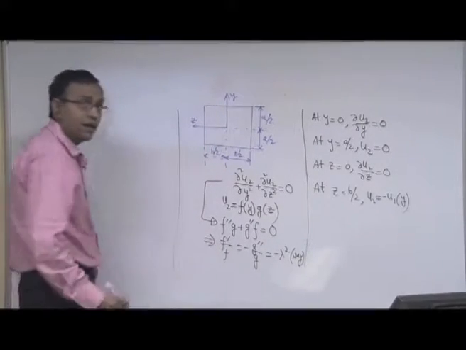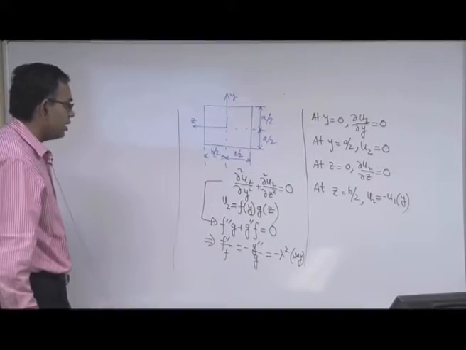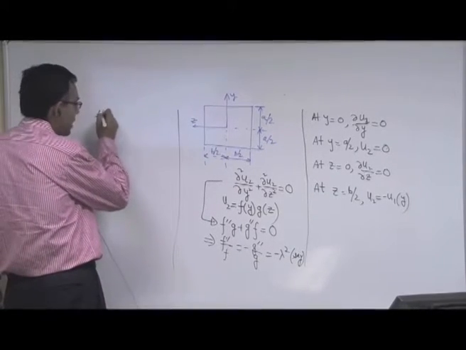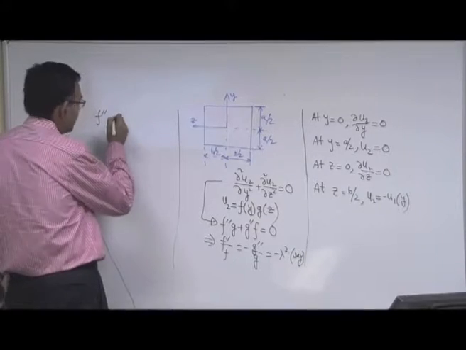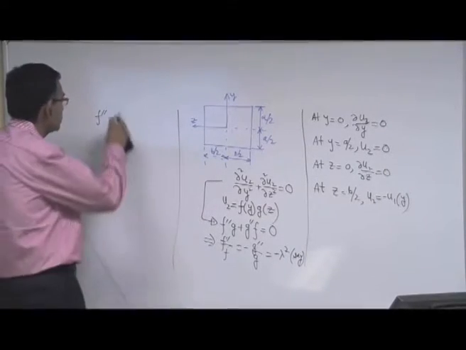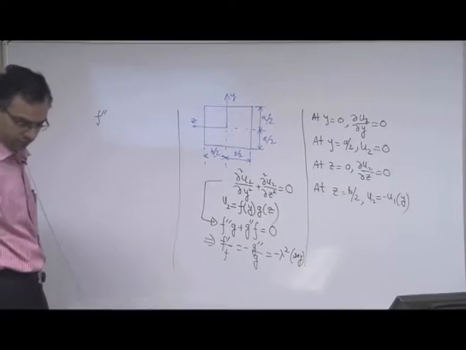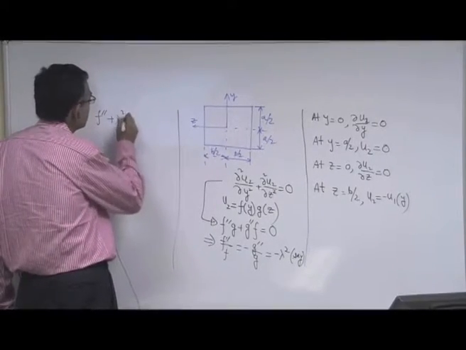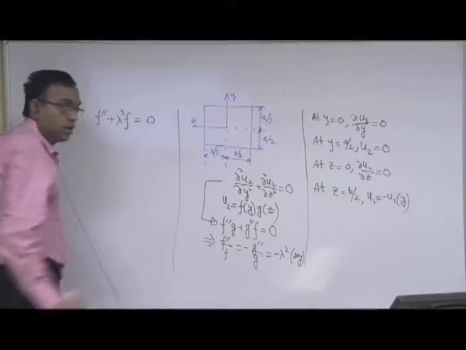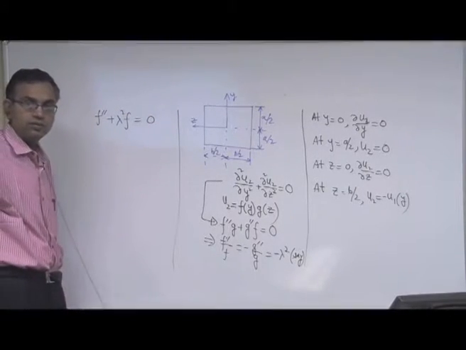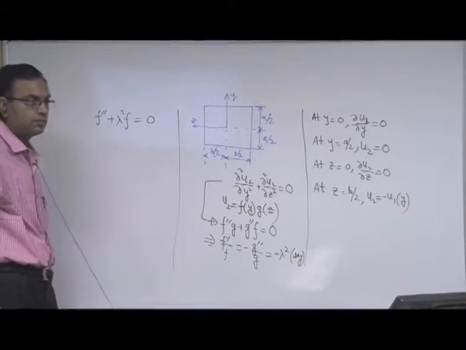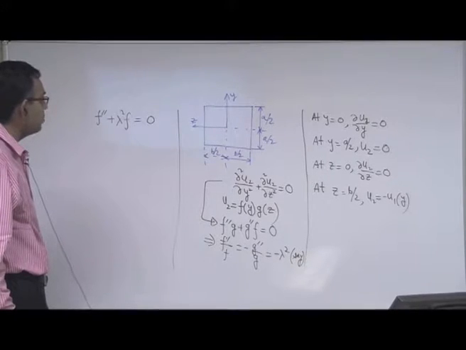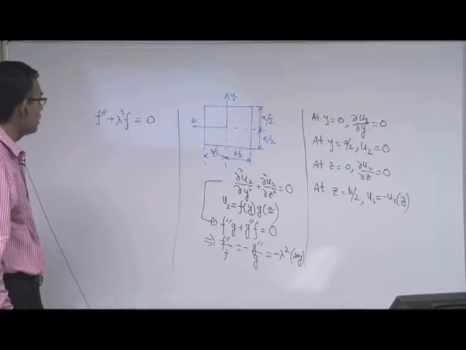So if that be the case, then you have one equation which is f double dash plus lambda square f equal to 0.